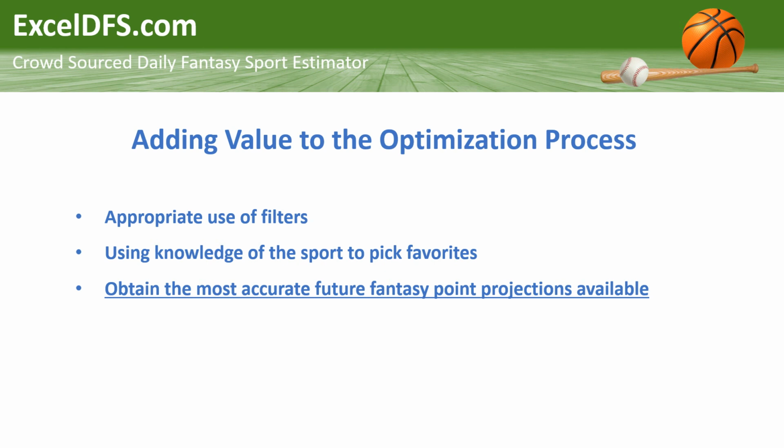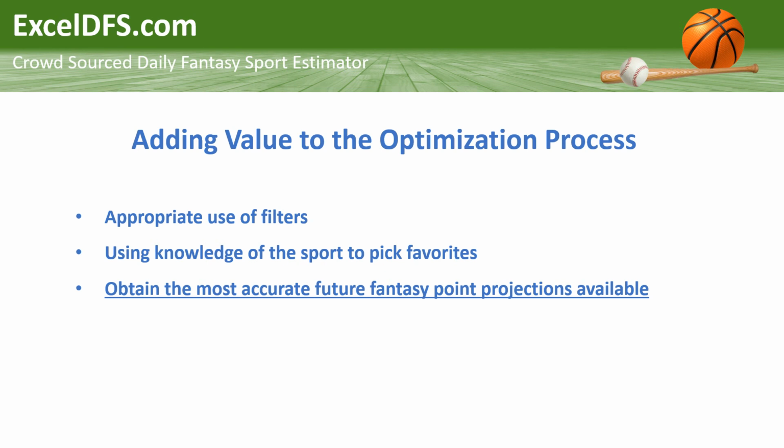sport outcomes. In previous videos, we've talked about how you can add value to a simple mathematical optimization. We've talked about application of filters, such as filtering out lower salaried players or players based on their level of experience, or players who are injured, teams that have weather issues, or teams who just don't want to bet on.